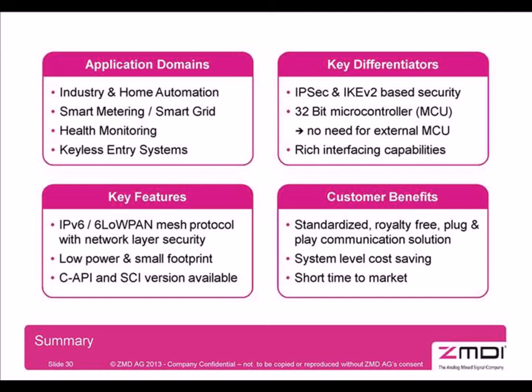The software stack is completely royalty-free, and it's a plug-and-play communication solution. And I showed you how easy it is to implement an application to transmit some data. So it's quite easy to develop ready products in a really short time. Okay, thank you for your attention, and if you have some questions, please feel free to ask.